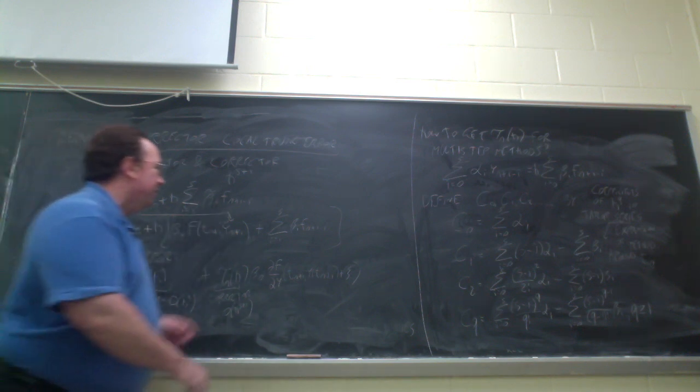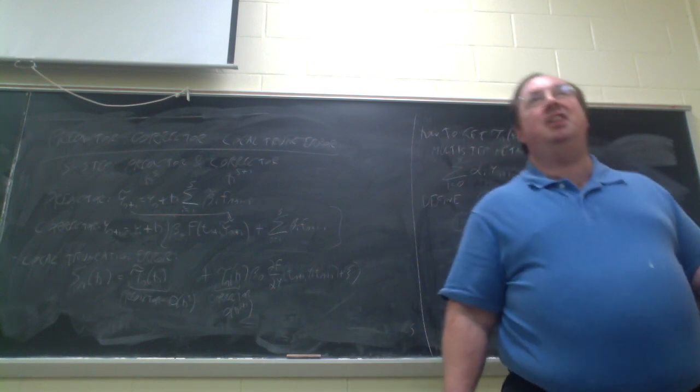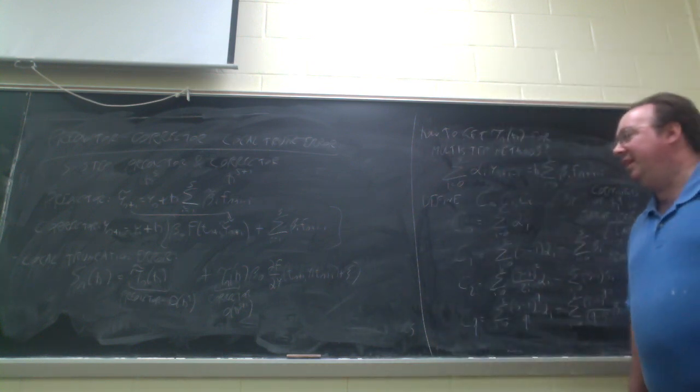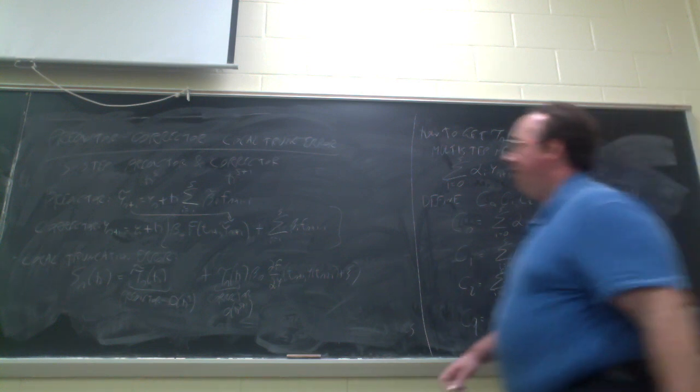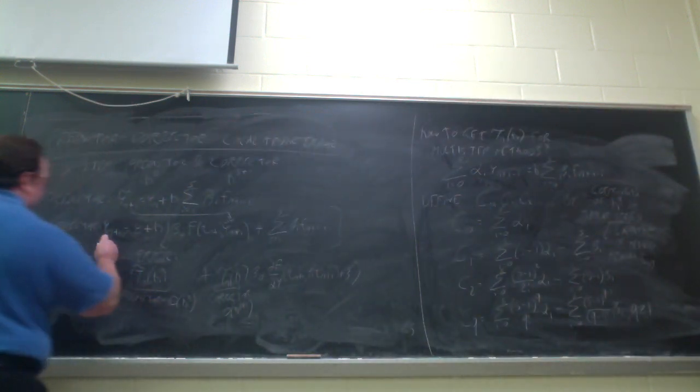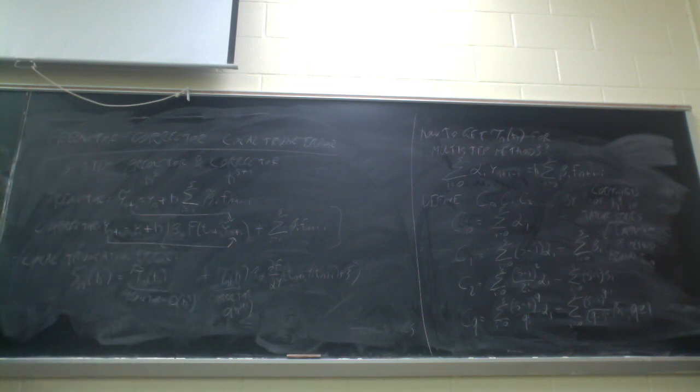So you plug this into here, apply your corrector method, and then you're done, and you move on to the next time step. But you have a choice. What you can do instead is take this and plug it back in here, so you can, if you want to, iterate. Keep refining your yn plus 1 until it converges.